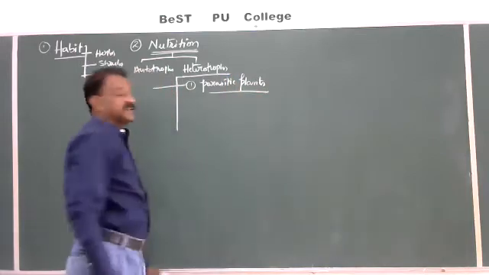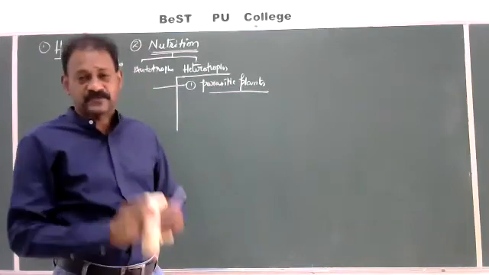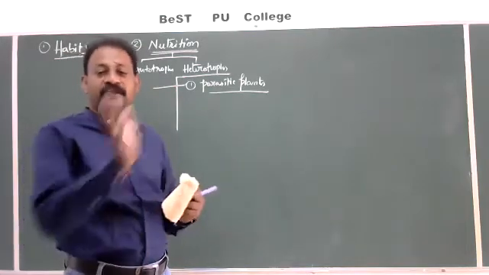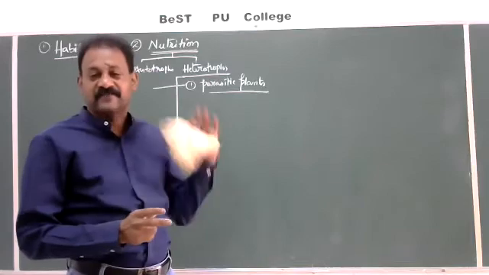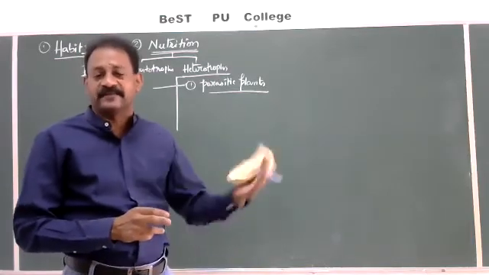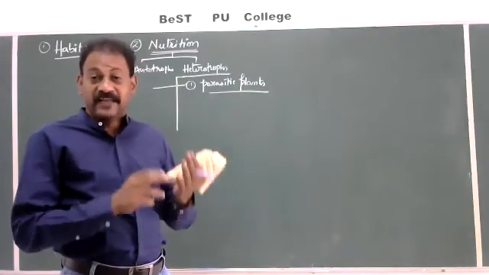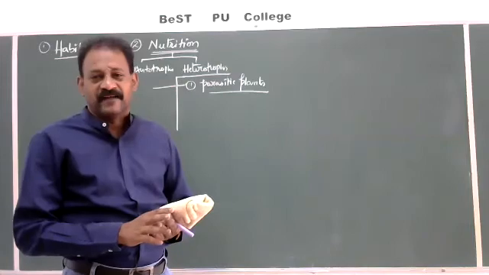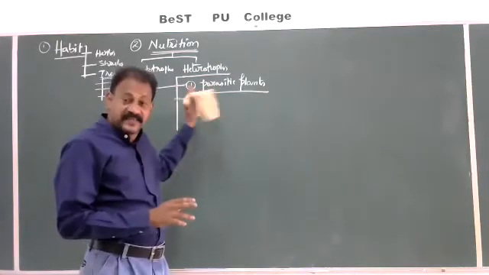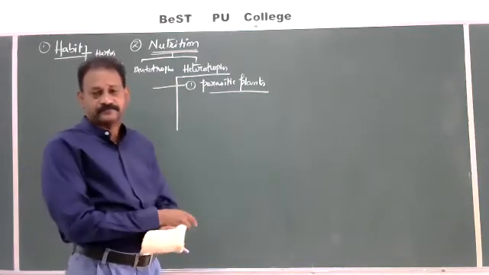To the best of my knowledge, parasitic plants means, in the previous class, we have seen the plants which depend on other plants for the sake of their nutrition. If they completely depend, they are called complete parasites or obligate parasites. And these obligate parasites depend both for food and water.